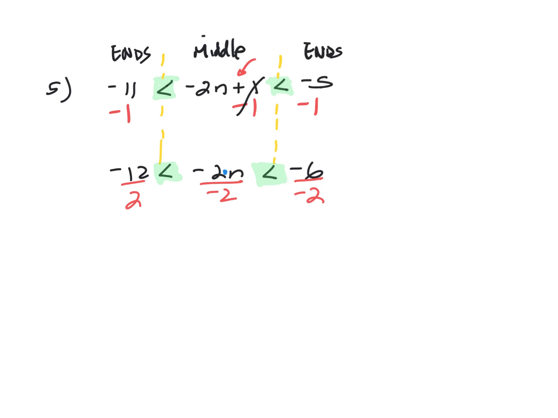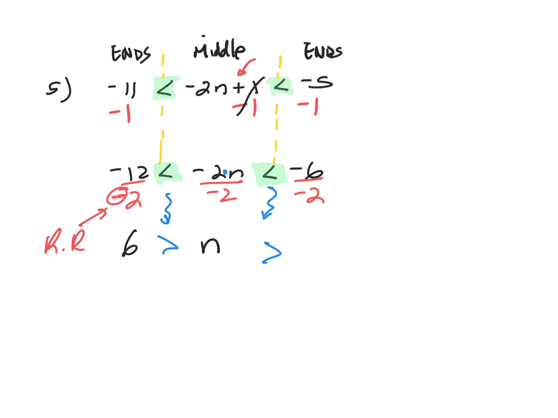And didn't we just divide by a negative number? So if you divide or multiply by a negative number, don't you have to use the reverse rule? So don't we need to reverse this from less than to a greater than, and from a less than to a greater than? Negative 12 divided by negative 2 is a 6.